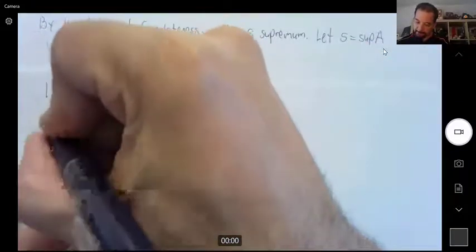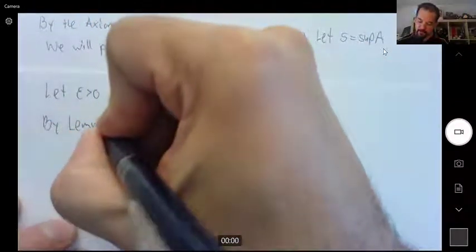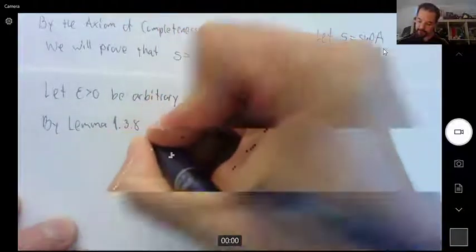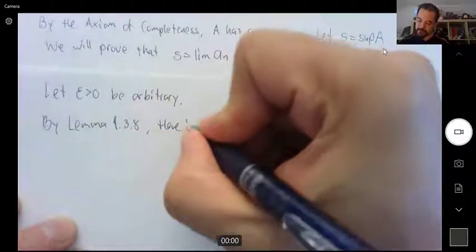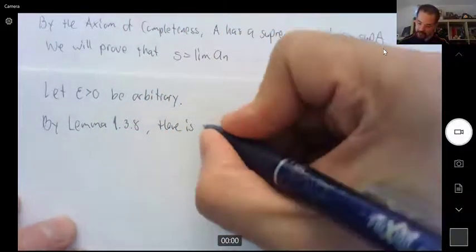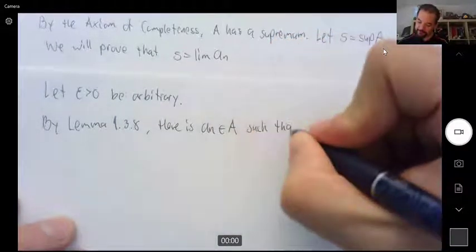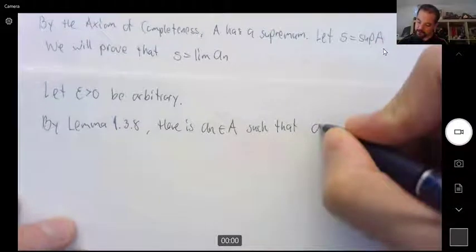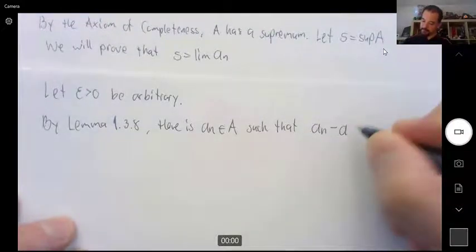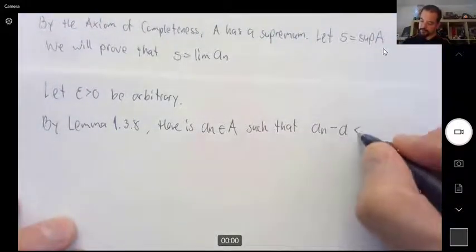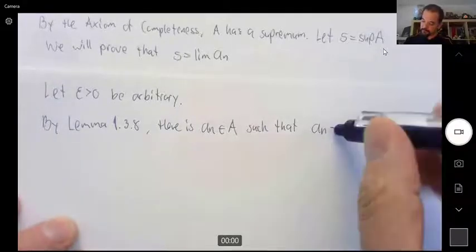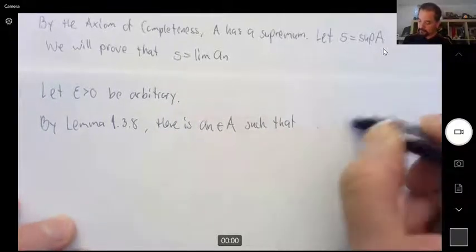So by lemma 1.3.8, there is a_N in A such that a_N minus... let me write it, okay, picture time.